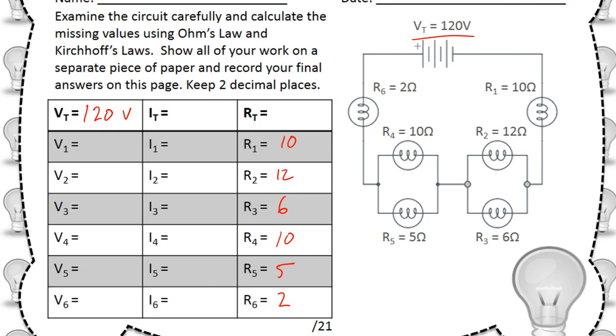On this question, there is a mark out of 21. There are 21 things to find for this question, and 7 of them you already know. So what I'm going to ask that you do is pause the video here, draw this question, and work through it.